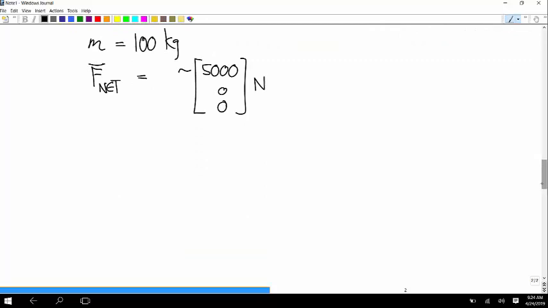Okay, so now we're going on to the second one. The origin is fixed. The coordinate system is rotating.